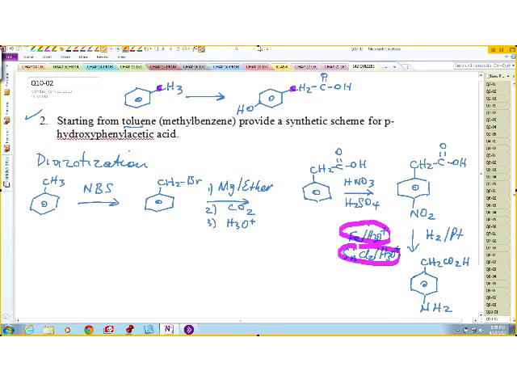Now we form our amino group. Now what do you want to do next? Okay, now you want to form the diazonium ion. That is where your diazotization comes in. For that you use nitrous acid in the presence of sulfuric acid.